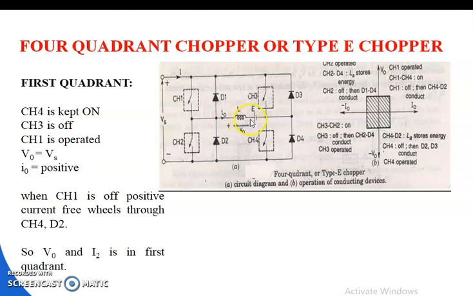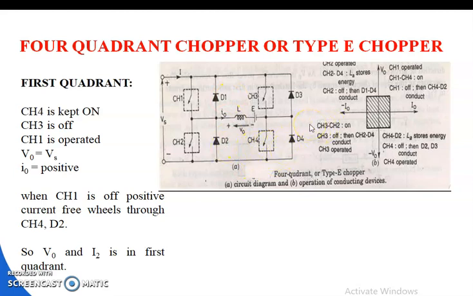The path of the current will be E, then L, then D1, then Vs, then D2. In this way, the current flows from the load to the source. And whenever the entire current stored in the inductor becomes 0, then diodes D1 and D4 come to standstill, or reverse biasing mode.